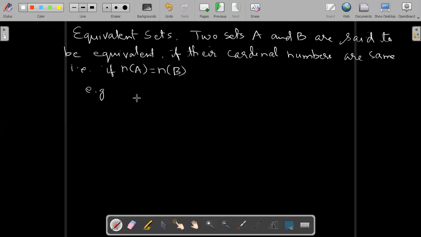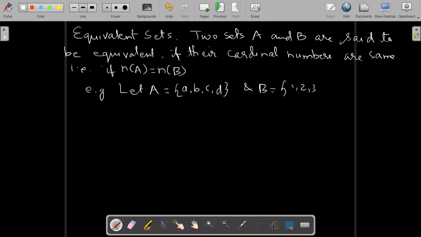For example, let A be the set of elements a, b, c, d, and B the set of numbers 1, 2, 3, 4.